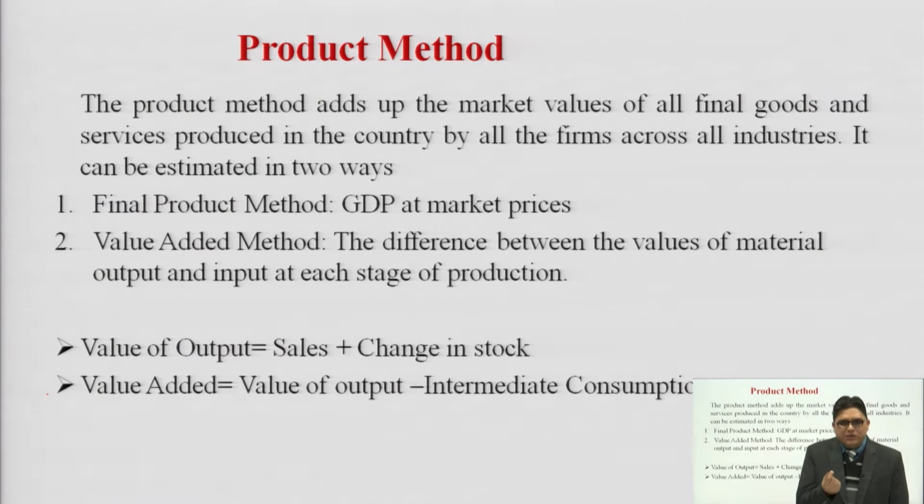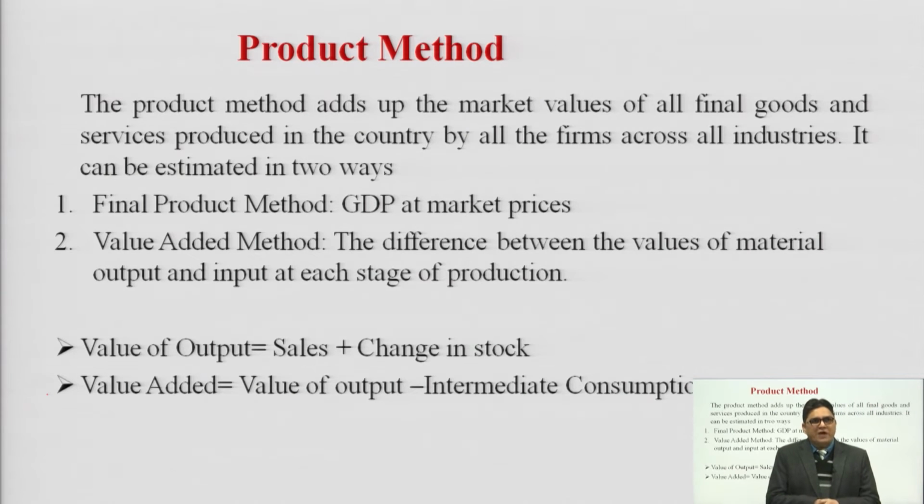It is quite easy to calculate. Whatever final goods are produced in a particular country over a period of time, we just multiply them by current prices. So, the total number of goods multiplied by current prices, and our GDP can be calculated easily.